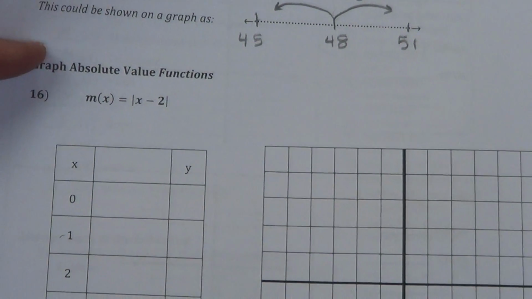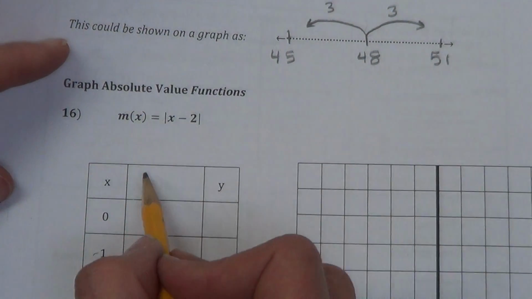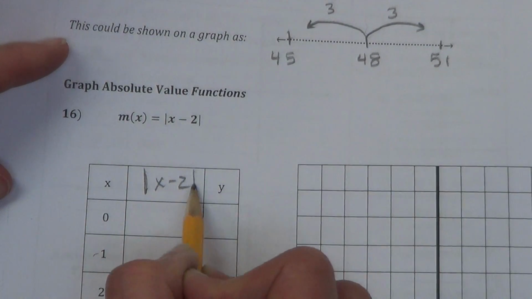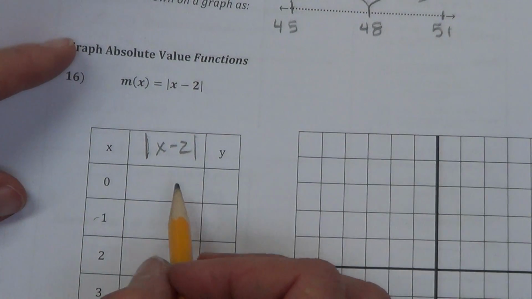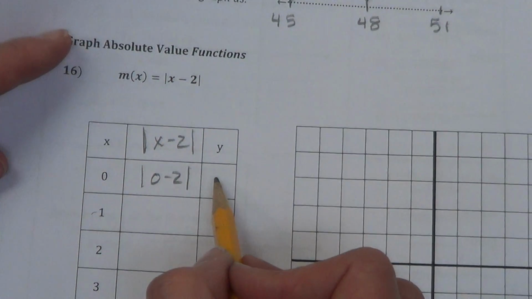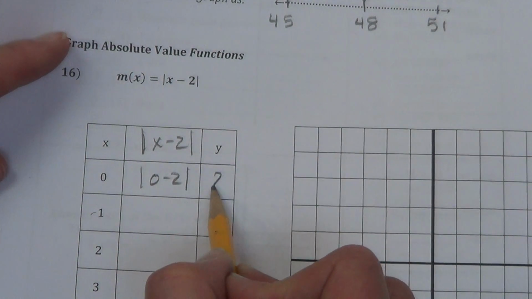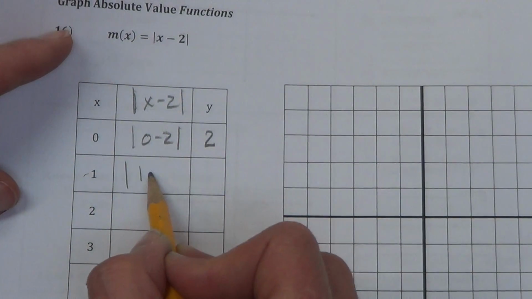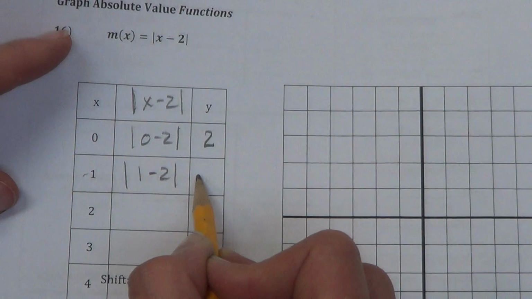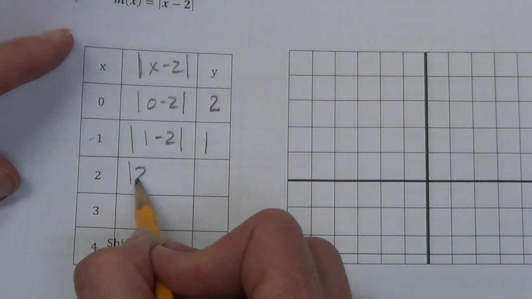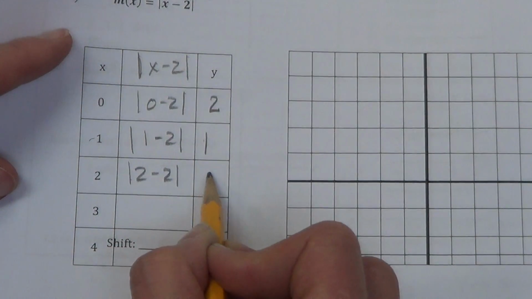Okay, in this problem on the test, I'm expecting you to plug in values into the absolute value expression and calculate. 0 minus 2 would be an absolute value of negative 2. Absolute value of negative 2 is positive 2. 1 minus 2, absolute value would be negative 1, and the absolute value of negative 1 is positive 1. 2 minus 2 is 0.